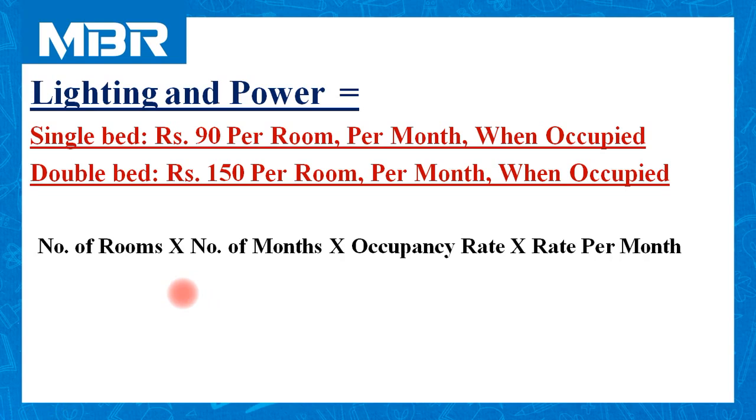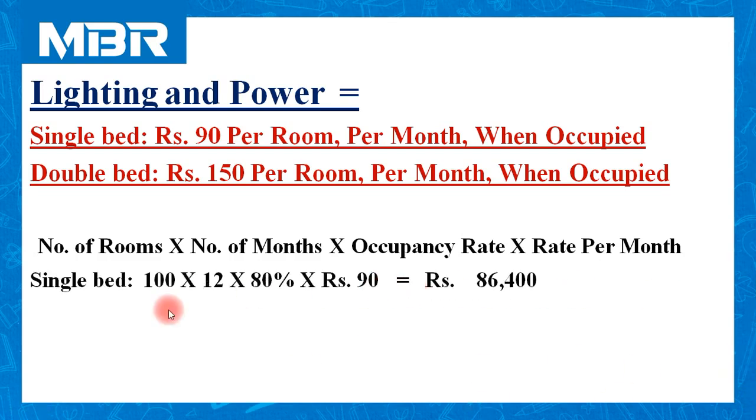If you focus on the question, specifically the statement or sentence given for the calculation of lighting and power, you can calculate this amount very clearly with the help of simple logic. Number of room, number of months, occupancy rate, and rate is given to us in our question.